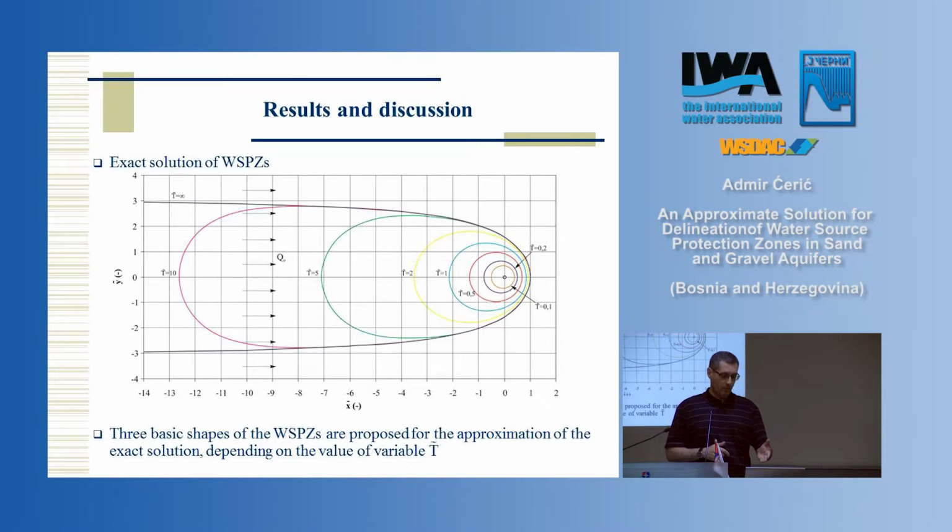And for residence times larger than 1, these water source protection zones do not appear circular anymore and cannot be reasonably approximated by circles. So based on this assessment, a simplified technique was proposed for the delineation of the water source protection zones, actually establishing 3 typical shapes of water source protection zones.